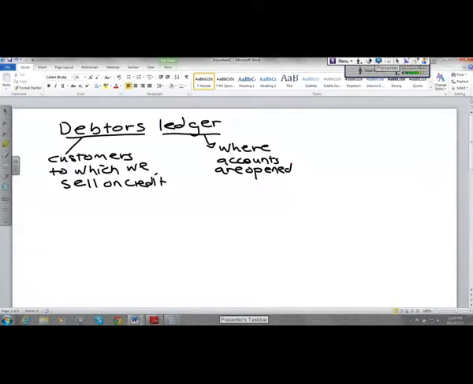Let's say we have customer A, customer B and customer C. When we talk about debtors ledger, we open an account for customer A, meaning that all transactions involving customer A will be entered into his account. And all transactions involving customer B will be entered into his account.